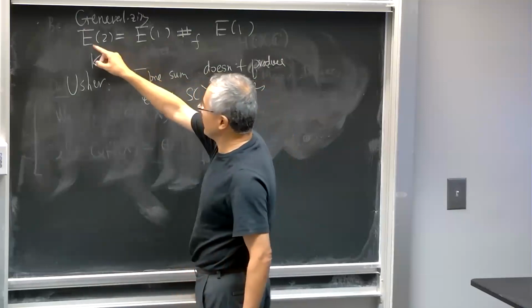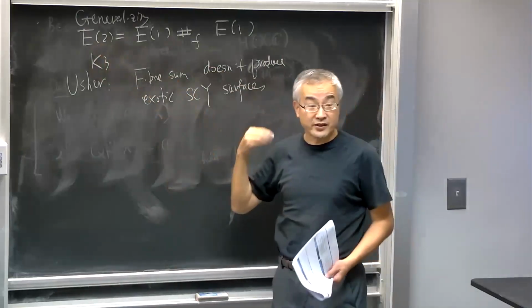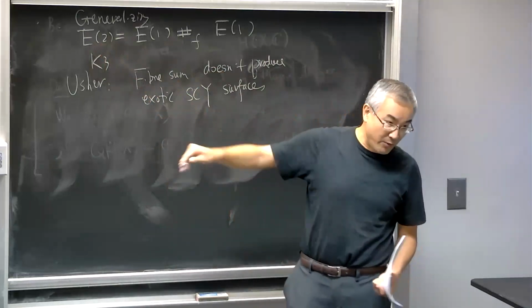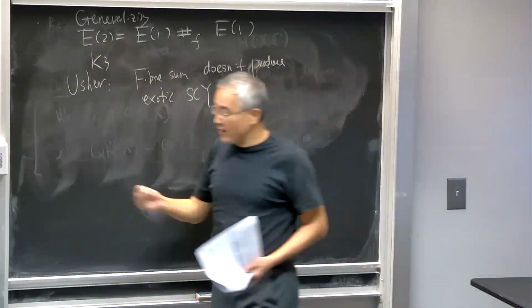So he showed that basically you construct K3 and Enriques surface and some T2 bundles over T2 if you use fiber sum. But in dimension 6, you can get something non-Kähler actually quite easily.